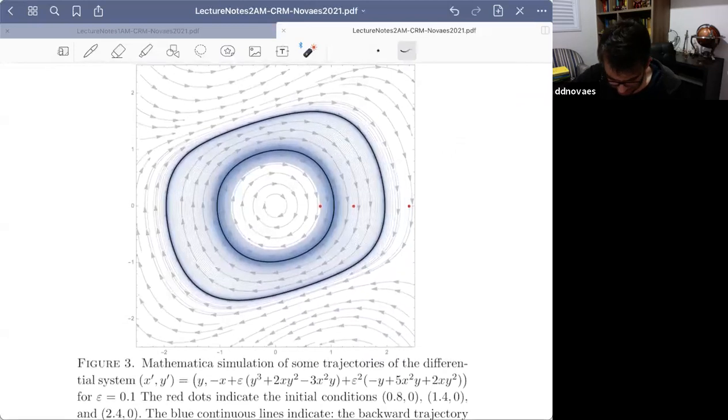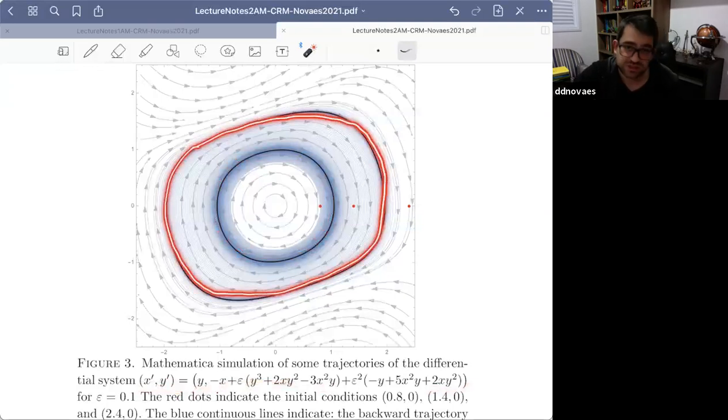Okay, so I have also run a mathematical simulation for this situation. This is the difference equation that I consider here, which satisfies the previous hypothesis. And we have one limit cycle here, which is an unstable limit cycle, and a second limit cycle here, which is a stable one.